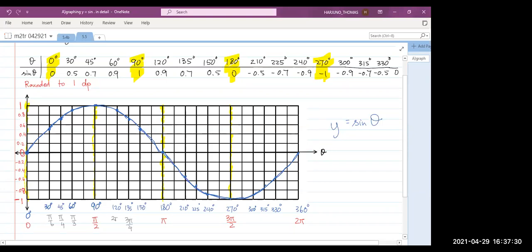This is 2 pi over 3. 5 pi over 6. 7 pi over 6. 5 pi over 4. 4 pi over 3. This is 7 pi over 4, 11 pi over 6. This is 5 pi over 3.